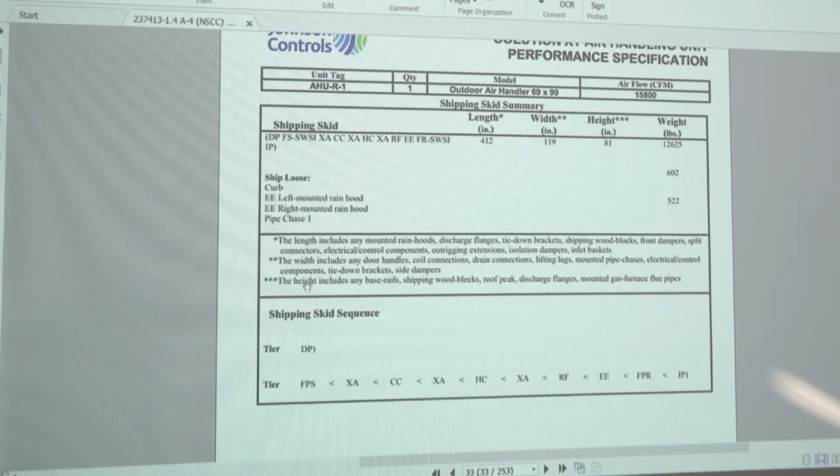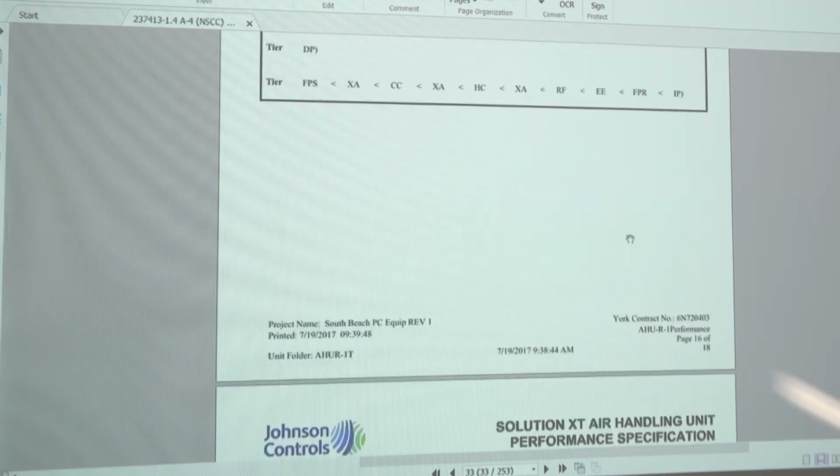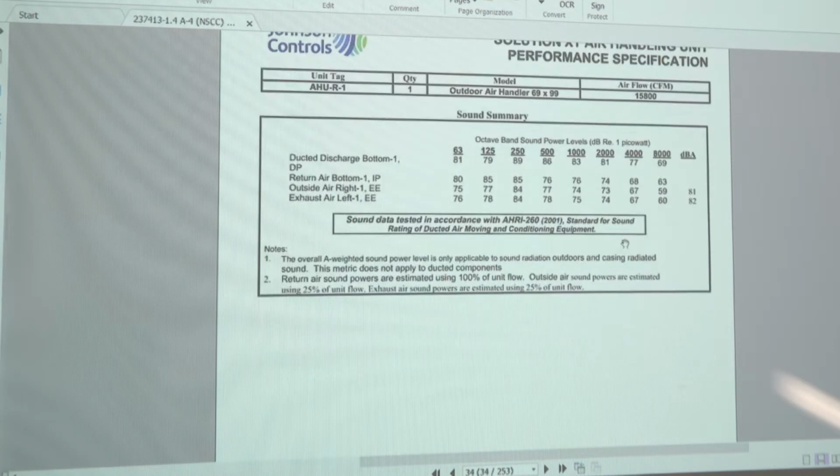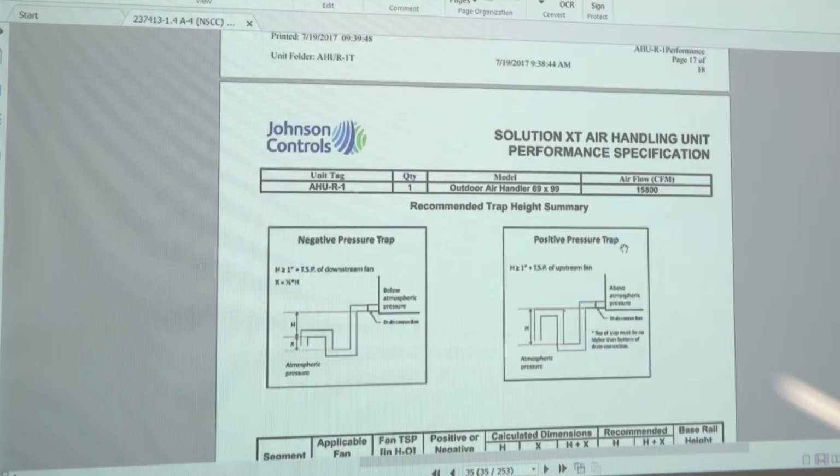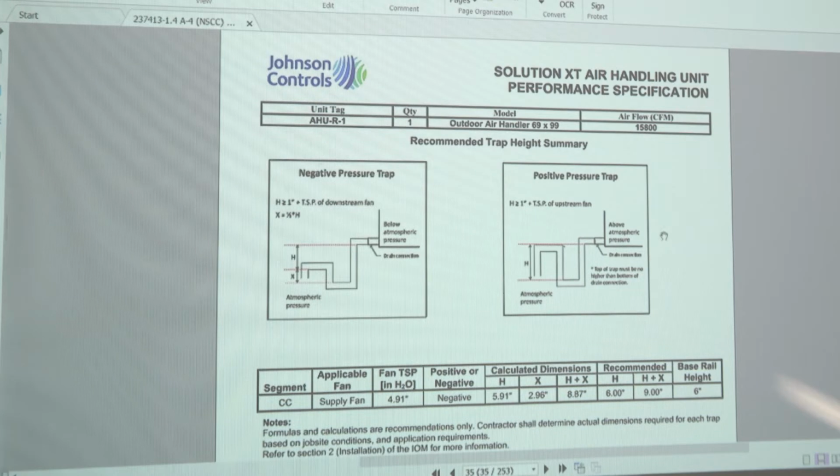And this basically allows you to see the way the units are constructed with the modules in their order, your physical dimensions. Sound data. Recommended trap construction. Okay, so this is what was used to create these traps that you'll see on each one of the units.